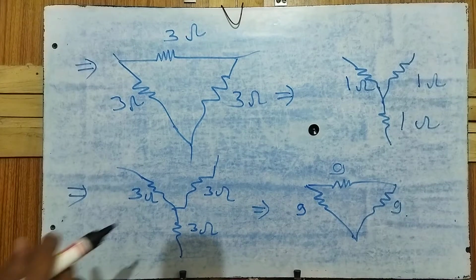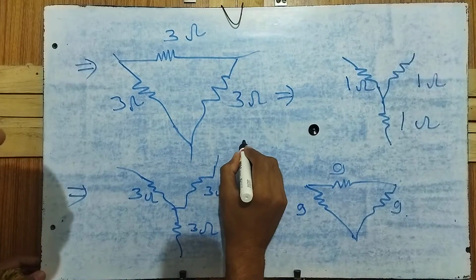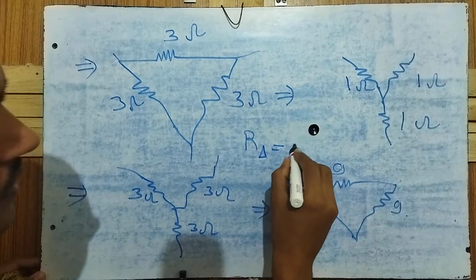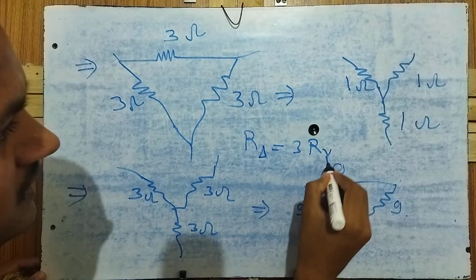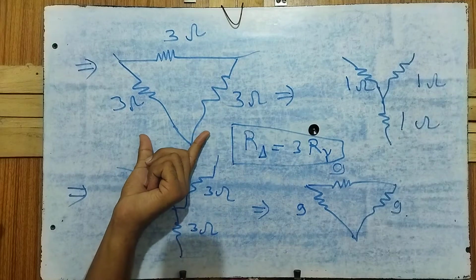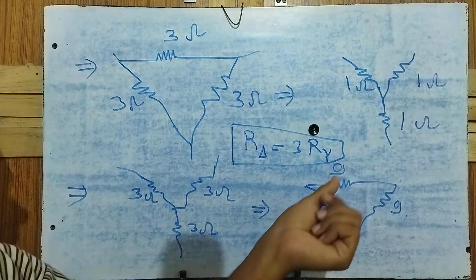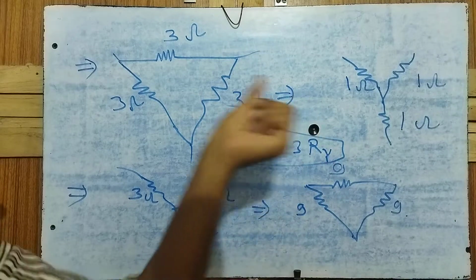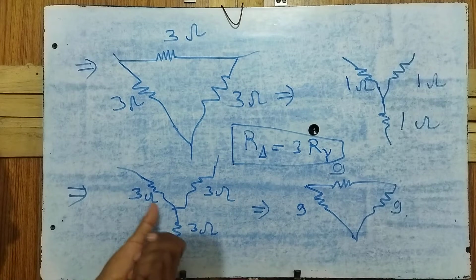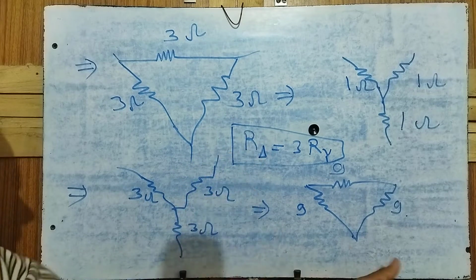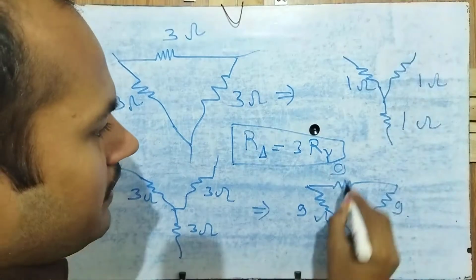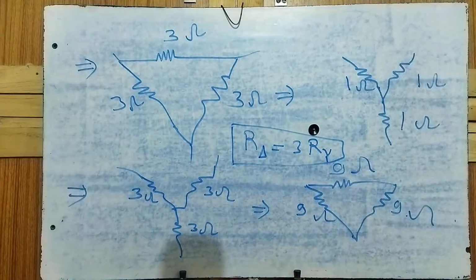So we can easily understand that R delta is equal to 3 times R star, right? If delta is given and we have to find the star, then R star will be one third. And if we have the star 3, 3, 3 and we have to calculate delta, then 3 times 3 means 9, 9, 9 ohm, right? So that was the second question.